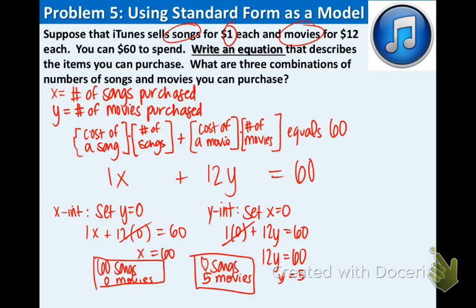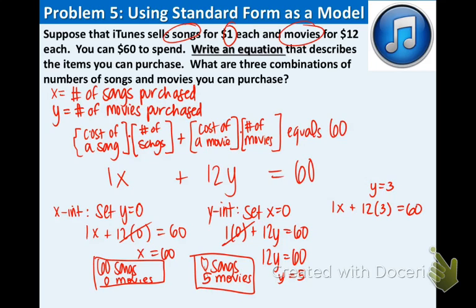I recommend trying just different types of numbers to plug in for the x and the y. Let's try 3 for the y. I know this one works. So it's kind of like a trial and error for the last one. You just want to make sure you get whole numbers for your answers, integers. So let's see. We have 1x plus 12 times 3 equals 60. I'm setting y equal to 3, so that means we're buying 3 movies.